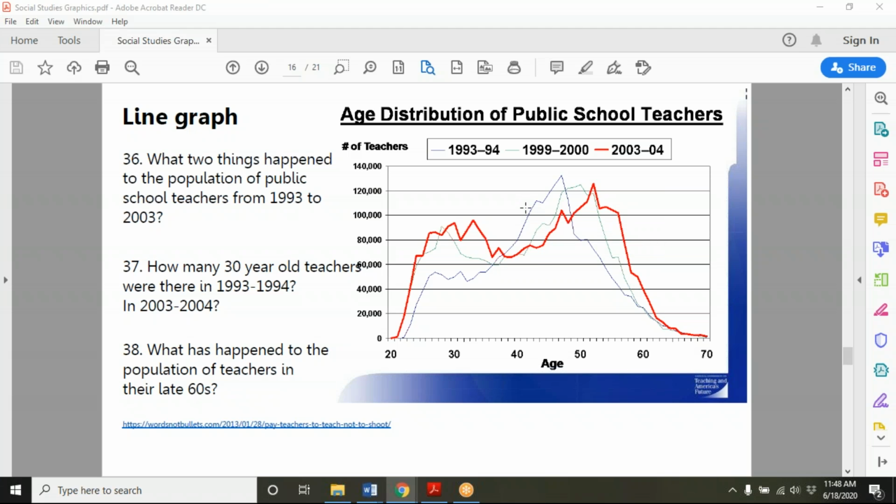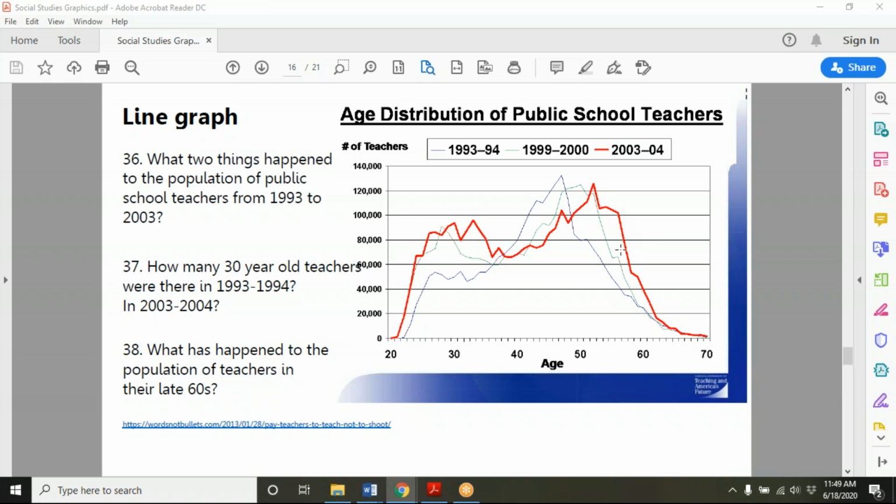So this is kind of a weird graph to look at. I don't know, kind of hard to see. The dark blue line is 1993 to 94. The light blue line is 99 to 2000, and the dark red line is 2003 to 2004. 3 different school years. If you took all the schools in the country and said, how old are all your teachers?